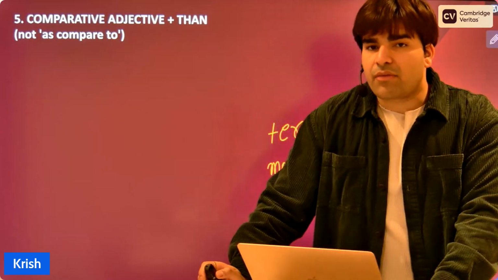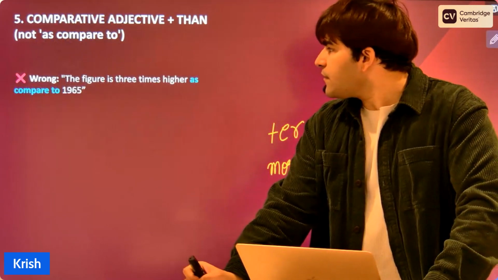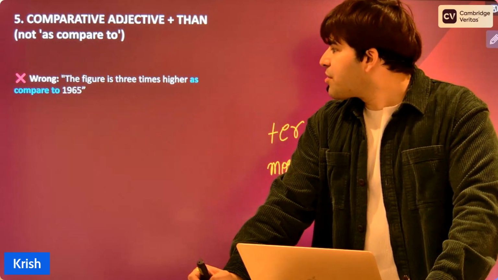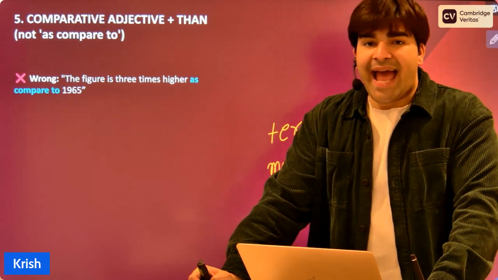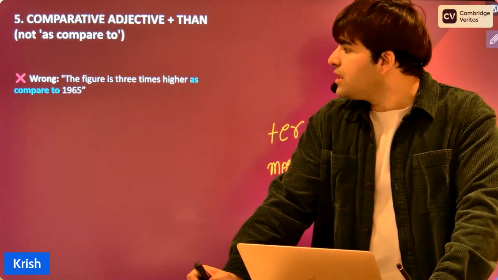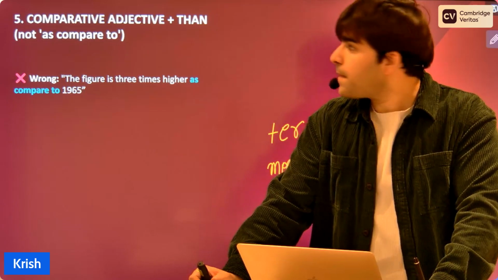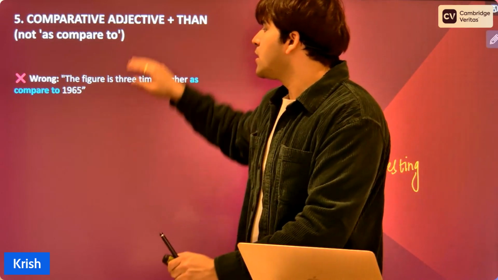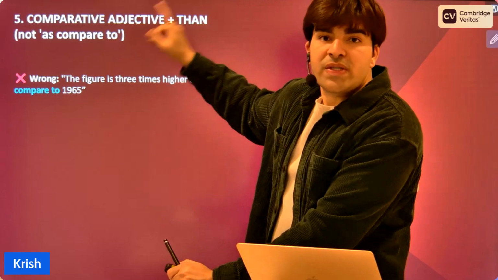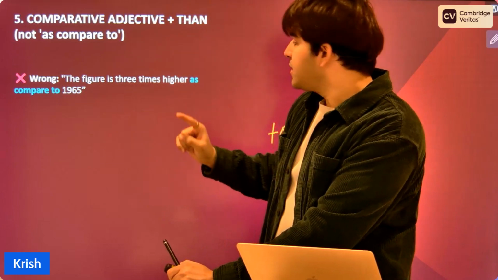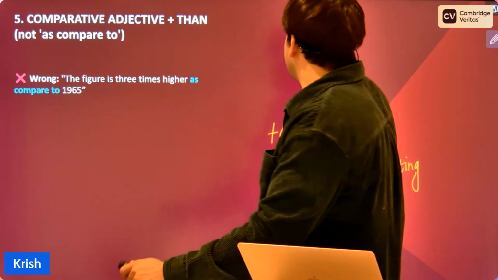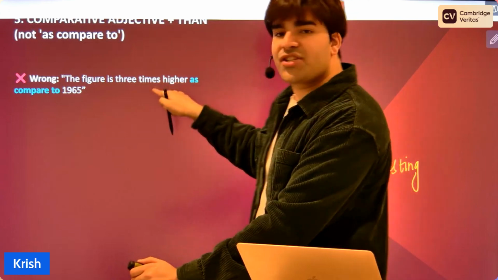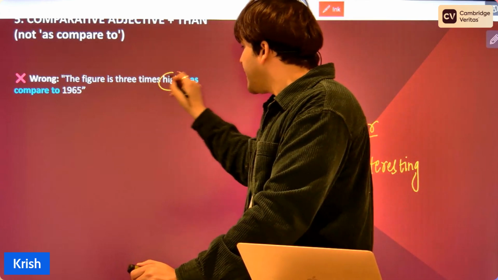Let me show you the incorrect sentence first. The figure is 3 times higher as compared to 1965. The moment you use the word comparative adjective, what is the comparative adjective in this sentence? It is higher.